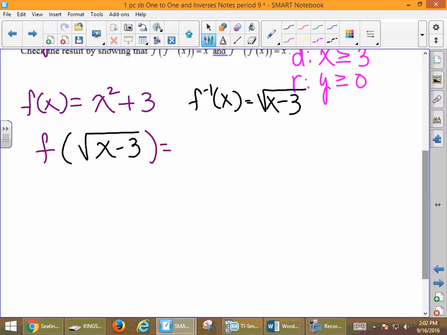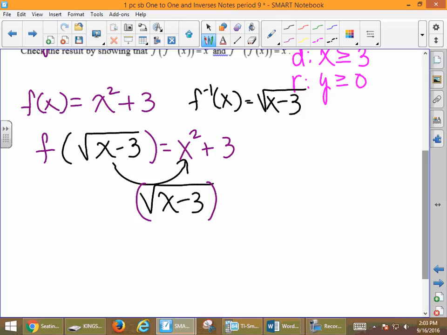What we're going to do is take that value and put it back into our f function, which is x squared plus 3. And the value that we're putting in is the square root of x minus 3. So we get the square root of x minus 3, squared, plus 3.